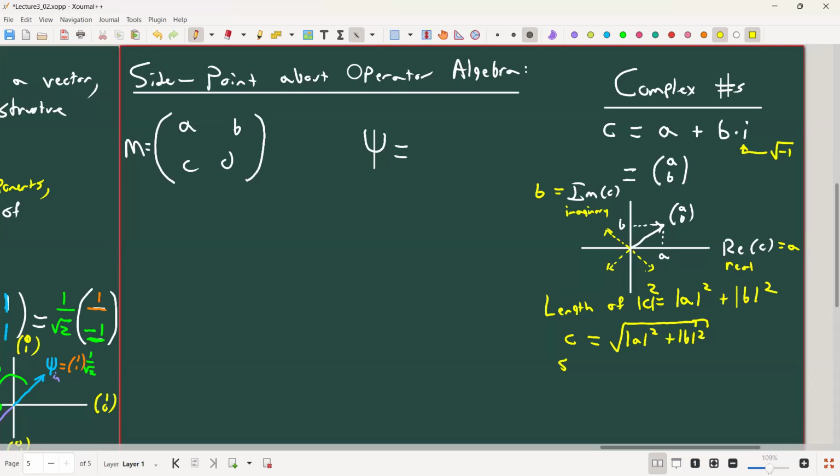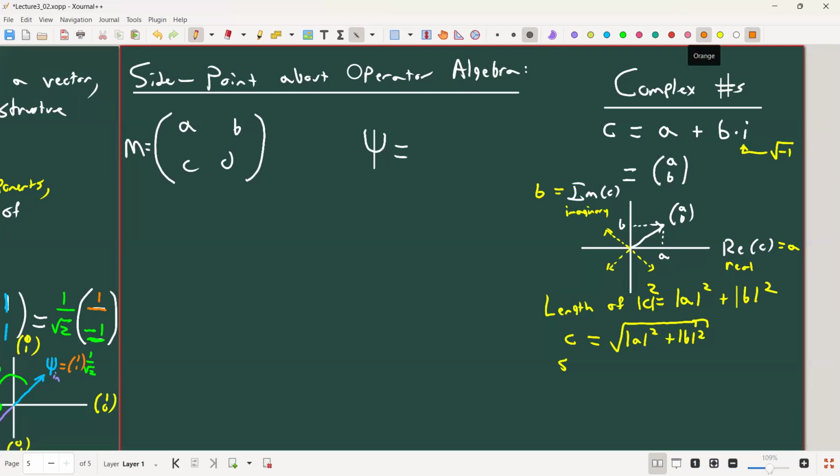Okay, and there's a special vector, but we don't consider all 4 of these. There's one in particular we care about. It's what's called the complex conjugate. It's the one where the B switches signs.